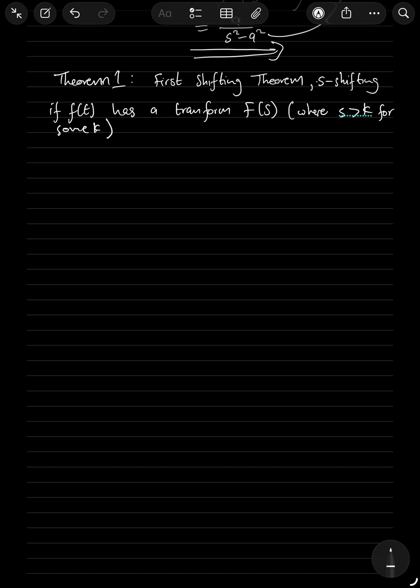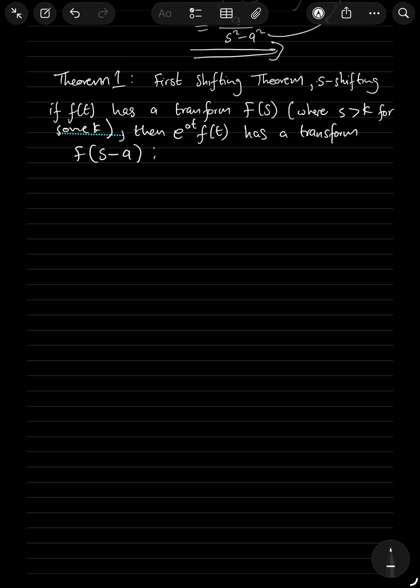We have to note that we are saying if f of t has the transform F of s, then the product of the exponential e to the power at with that function has a transform. Now a new transform, which is F of s minus a.